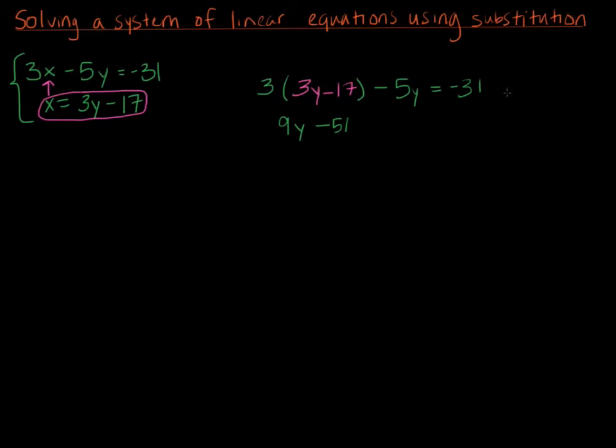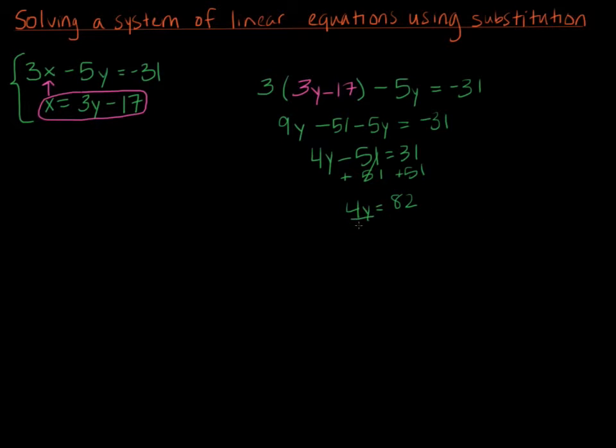And then minus 5y equals negative 31. So then we'll have 9y minus 5y is 4y, minus 51 equals negative 31, and then we can add 51 to both sides. So we'll get 4y equals 82.